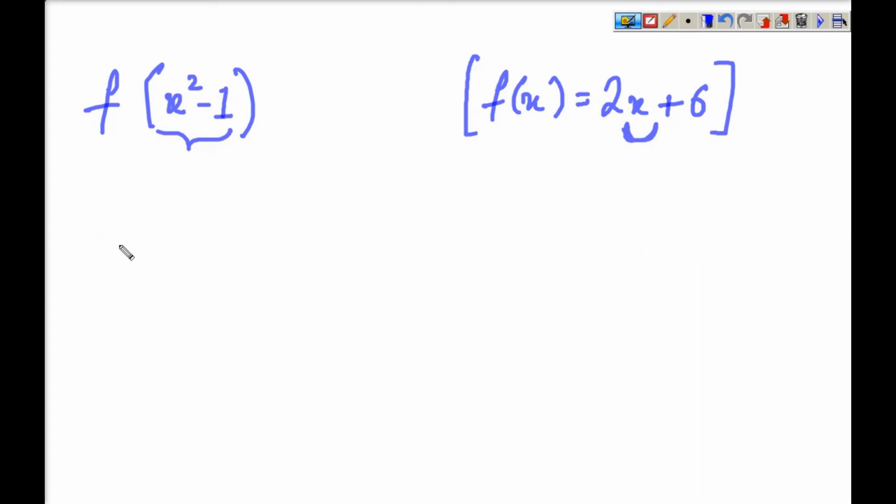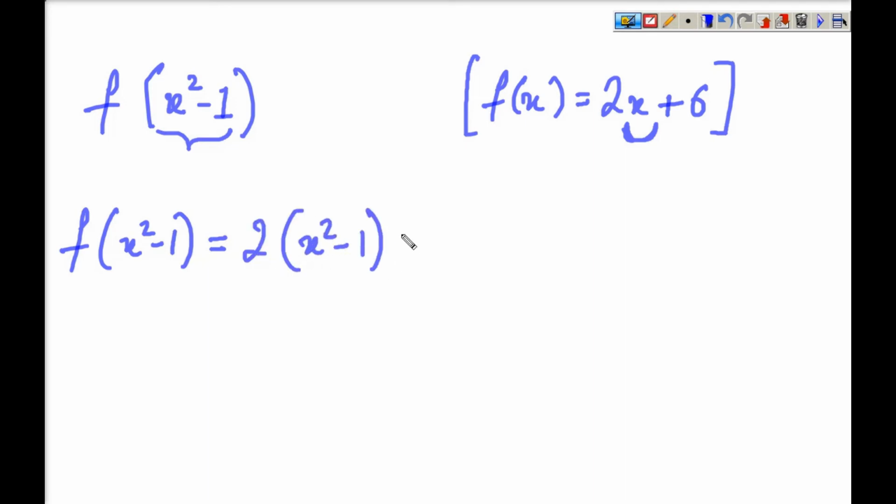So we get f of x square minus 1 equals 2 times x square minus 1 plus 6. So this is f of g, right?